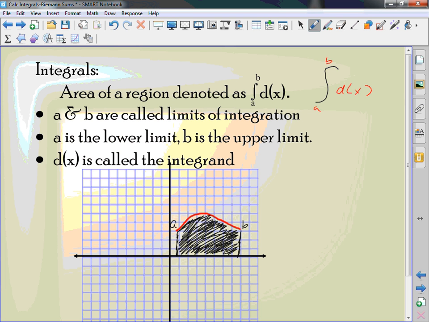If I wanted to find the area underneath this curve, just this piece right here from point A to point B, I'm only looking from A to B. I don't care that the graph might go over like this. The green, I do not care about, because the only thing I'm taking is the integral from A to B. So whatever's under A to B, that's what I care about.